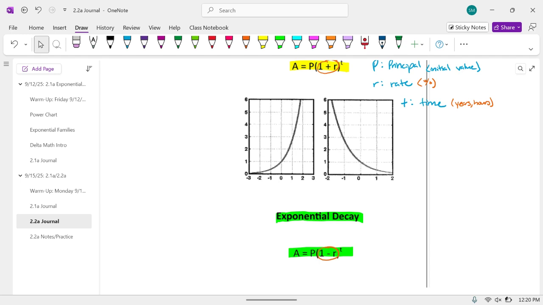It's 100%. So if you have 1, it's in a decimal form. Percent form is 100%. All right? So we're saying that we're taking our initial value and we're multiplying by 100% plus whatever the percent of our initial value is for the interest rate.